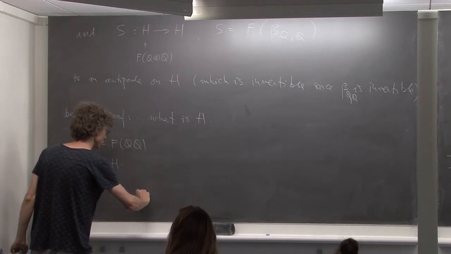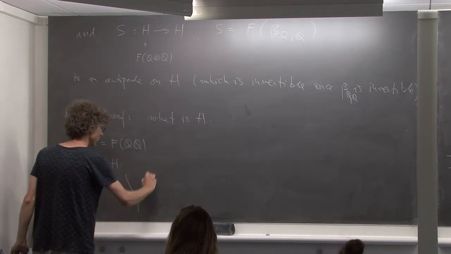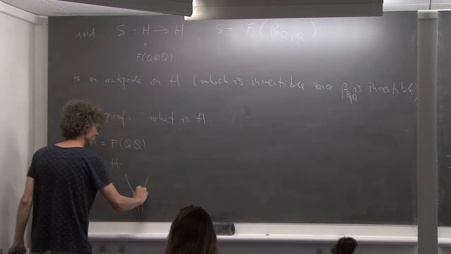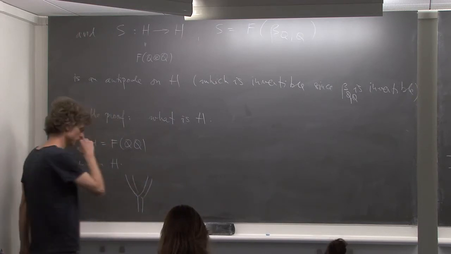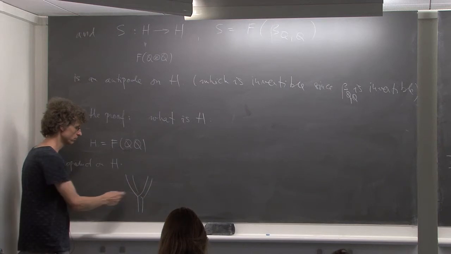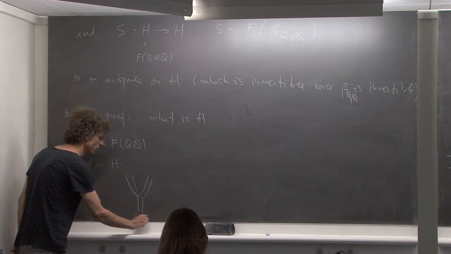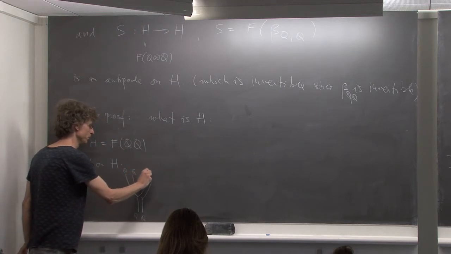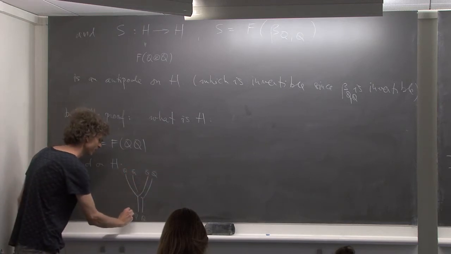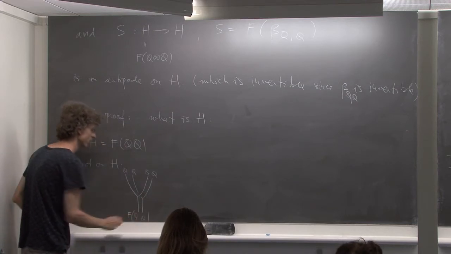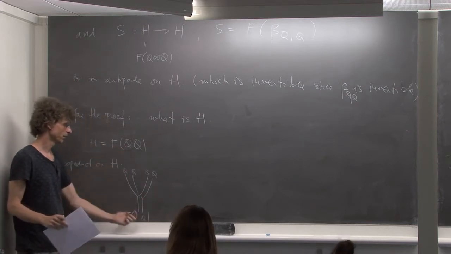You take two copies of Q, you take the coproduct in Q, and this goes from QQ to QQQQ, but then you want to go back down to H, so apply F here.